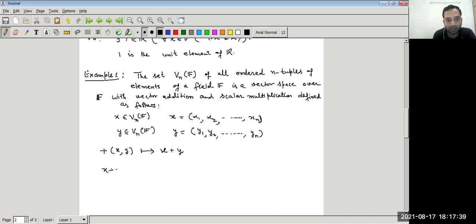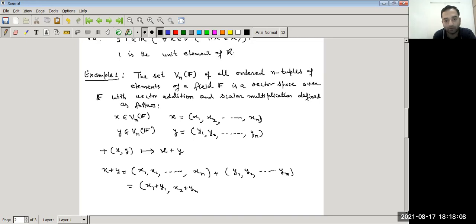X plus y is (x1, x2, ..., xn) plus (y1, y2, ..., yn), and the sum is defined by adding the first element with the first element, x1 plus y1, the second with the second, x2 plus y2, and similarly xn plus yn.